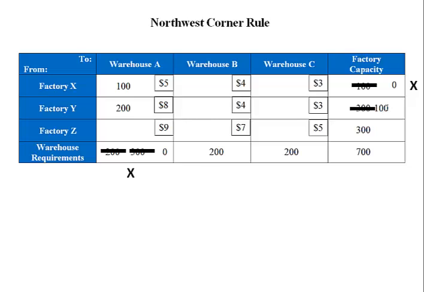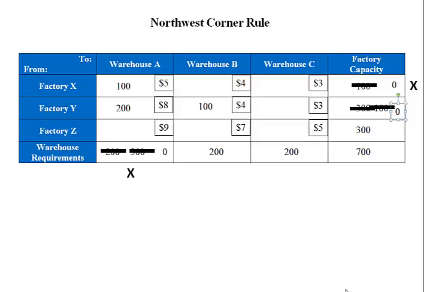So I can only supply what I have, so I'm going to supply 100 to warehouse B. And once I supply 100 to warehouse B, then I'm going to eliminate 100 here and take this down to 0.